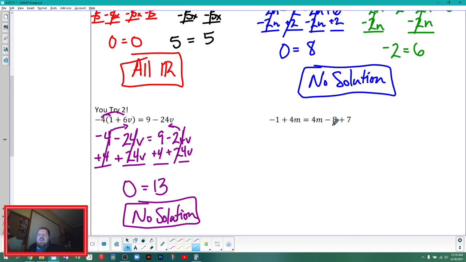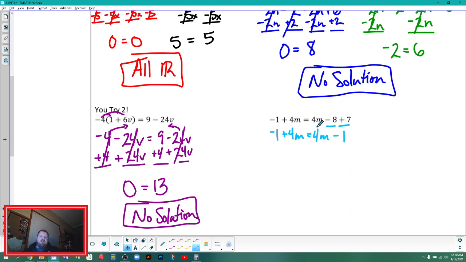And on my other one, I just have a couple like terms to deal with first. And on this one, you should kind of be able to tell that something's up at this point right here, because I basically have the same thing on both sides. Now, it is written a different way, but it is the same thing.